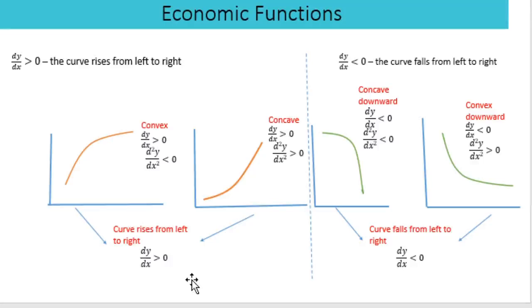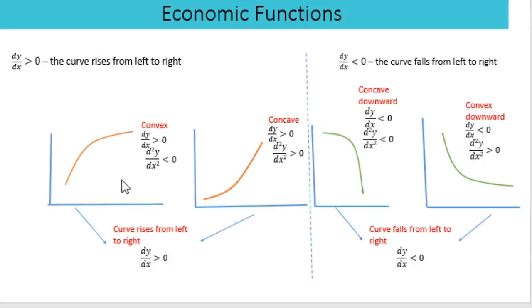In this section, the conditions for a curve when it rises from left to right, when it falls from left to right, or when it is convex or concave downward are given. Here, two conditions must be satisfied for a curve. Either it rises from left to right or falls from left to right. In this case, the curve rises from left to right. In both cases, it is rising from left to right.